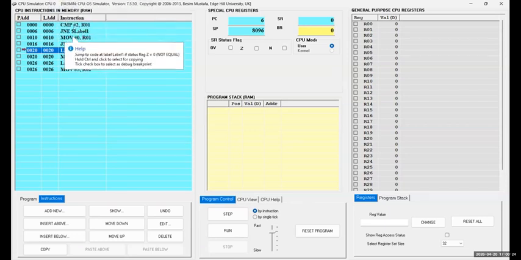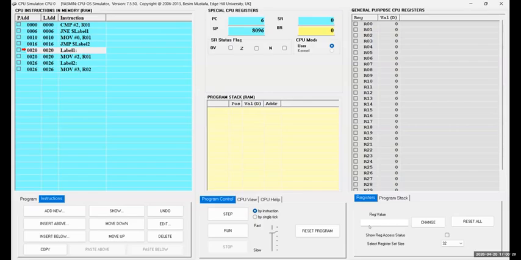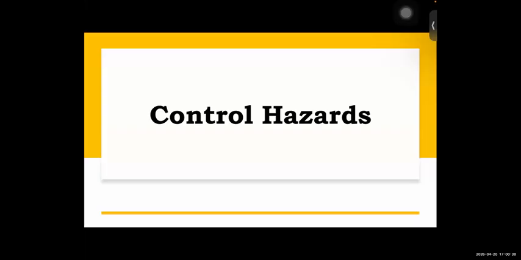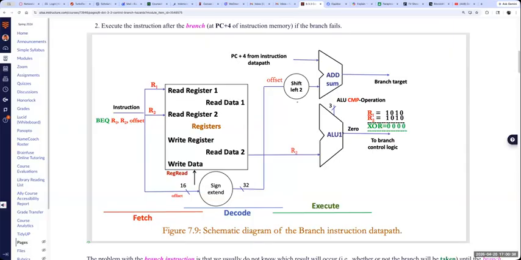So this operation is happening at which stage? At the third stage. If you recall, ALU1 is computing the comparison operation and the adder computes the branch target address.